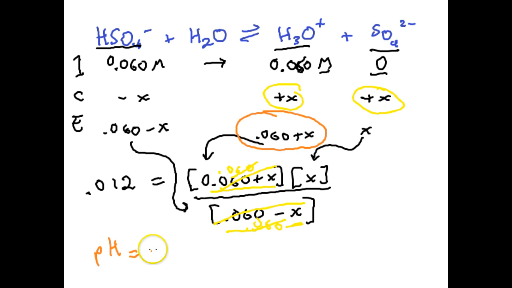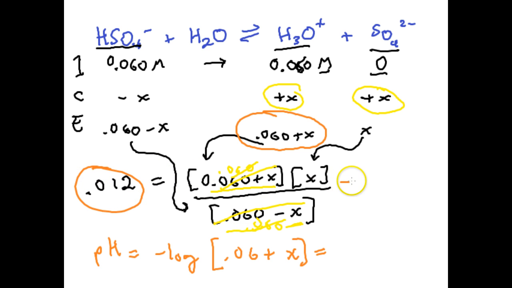So the pH is going to be the negative log of 0.06 plus x, which is 0.06 plus 0.012. Sorry, I forgot to write that x equals 0.012.